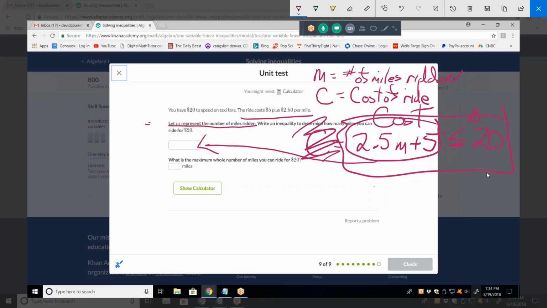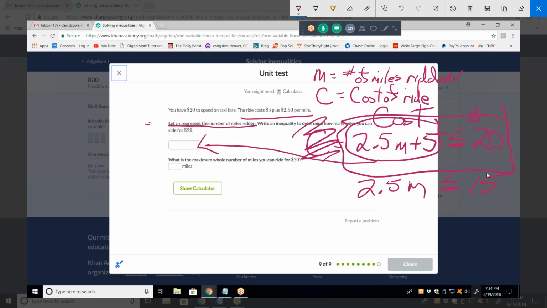So 2.5 M plus 5 is... well, now you can move the 5 over. There's no point in rewriting what I got. So 2.5 M has to be less than or equal to 20 minus 5. Right?